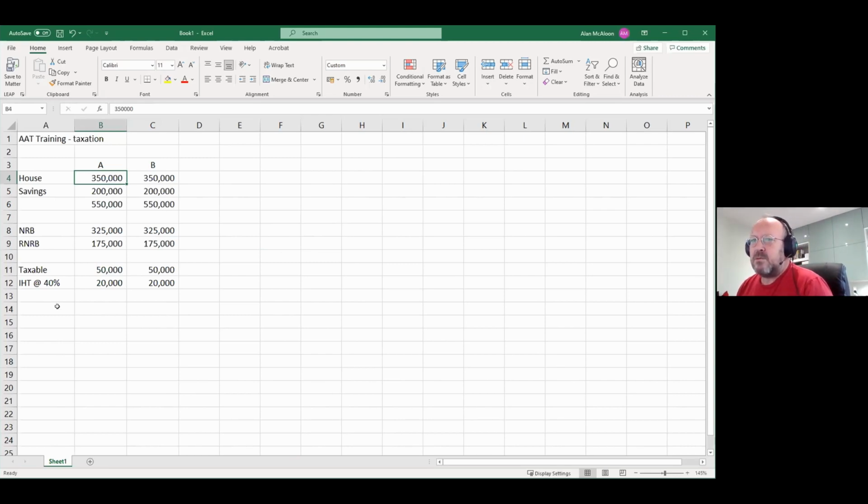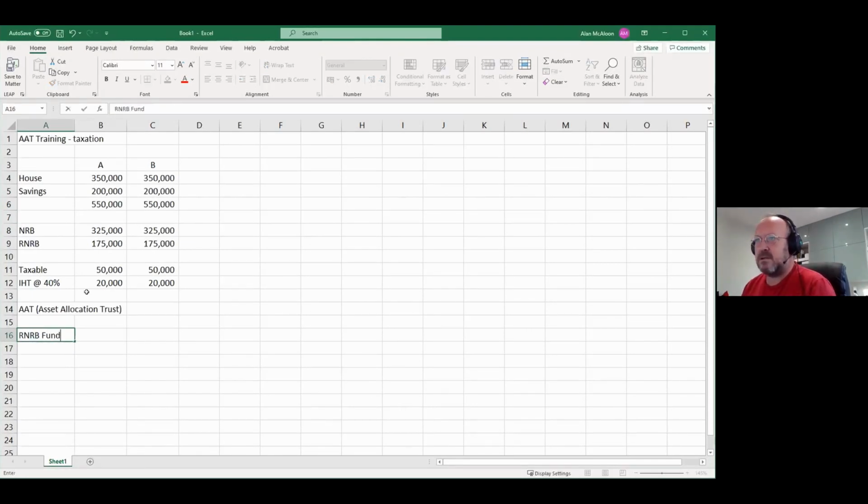So how that works is we use specific funds. So let's get that AAT, that's short for Asset Allocation Trust. When they form this trust, we use 3 specific funds: the Residence Nil Rate Band Fund, the Nil Rate Band Fund, and the Excess Fund.